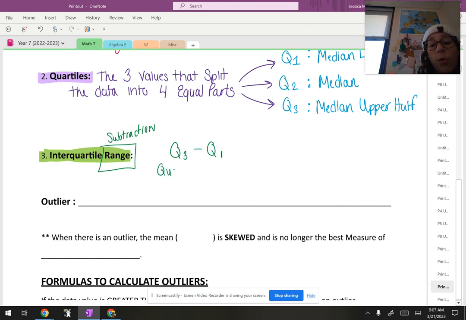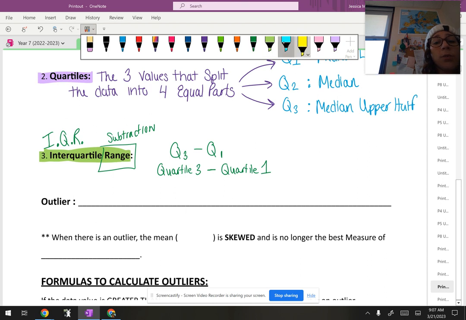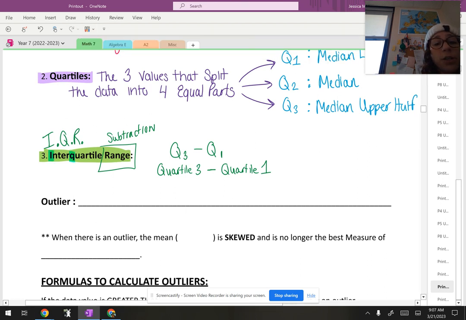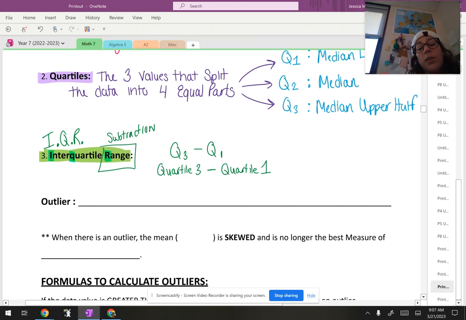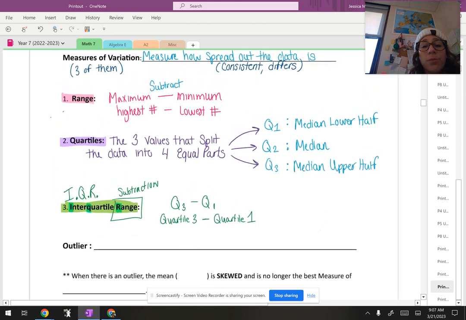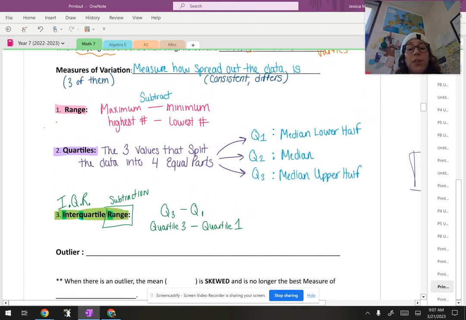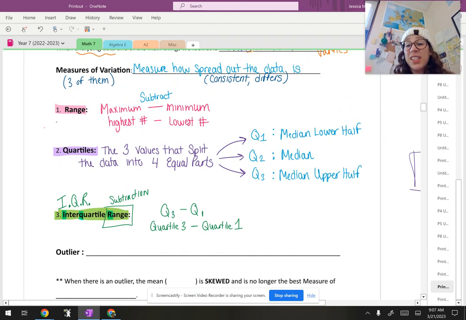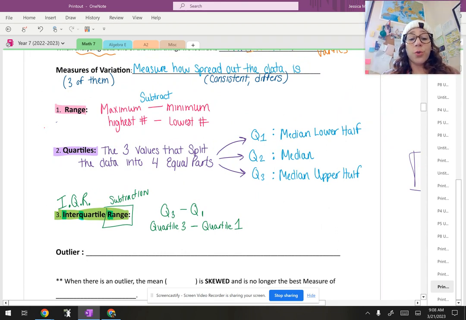So basically, quartile 3 minus quartile 1. And the interquartile range is abbreviated with IQR. The I going along with the inter, Q for quartile, and R for range. So those are the three measures of variation that measure how consistent or how spread out your data is.